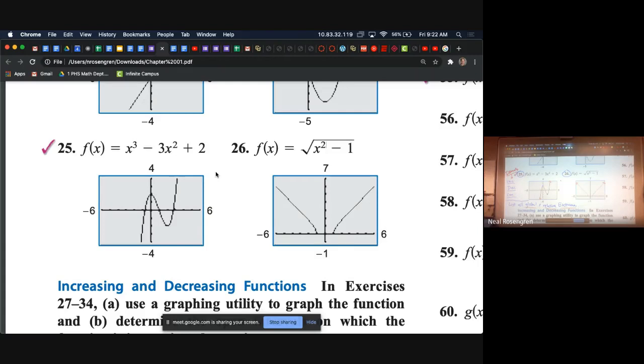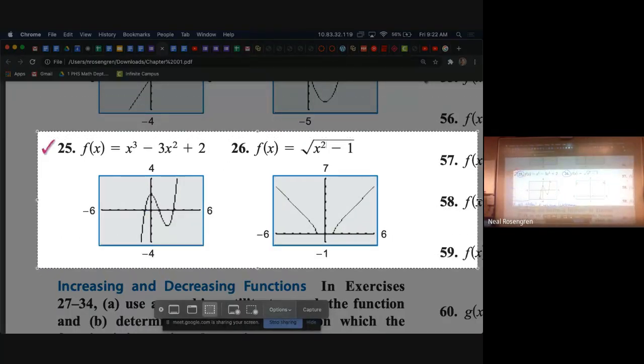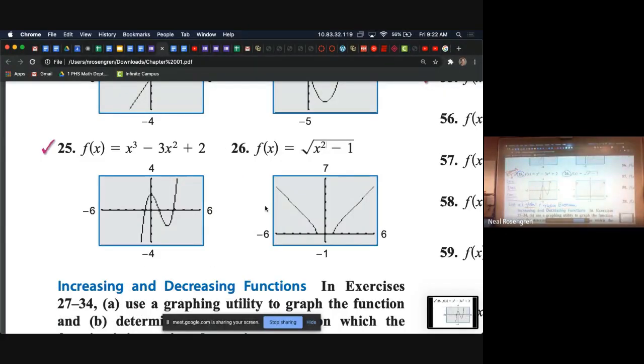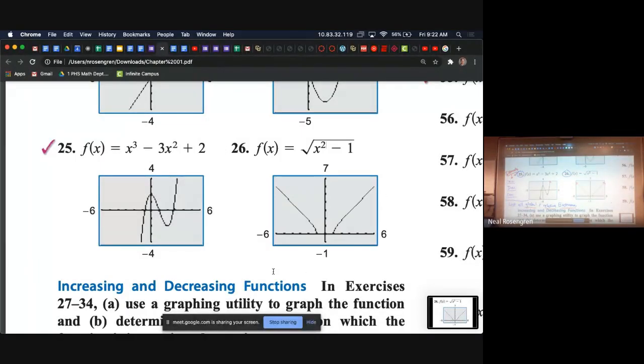Okay, try your best to put some finishing touches on stuff. And if you're done, good. I'll get started here in just a moment. I want to give everybody a chance to try this out. And we'll do 25 first.